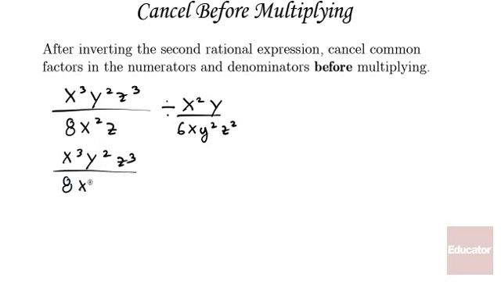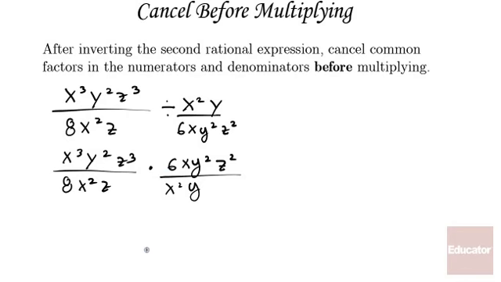I'm rewriting this first expression, it's just the same. Now I'm changing it to multiplication, but I'm going to find the reciprocal of the second expression. That gives me 6x y squared z squared divided by x squared y.